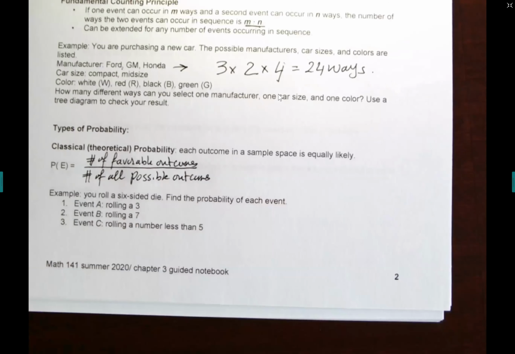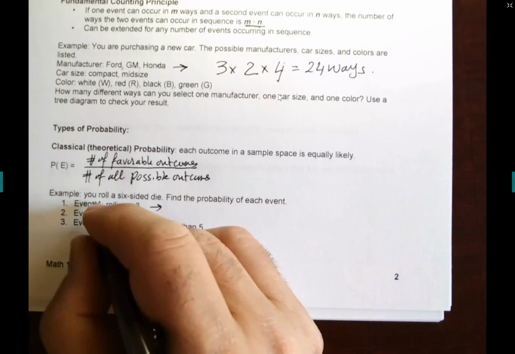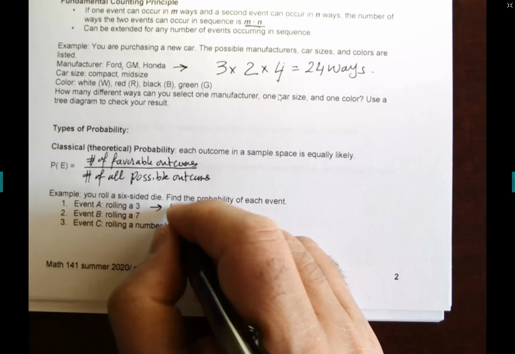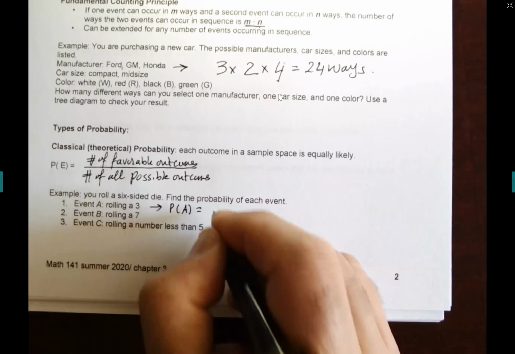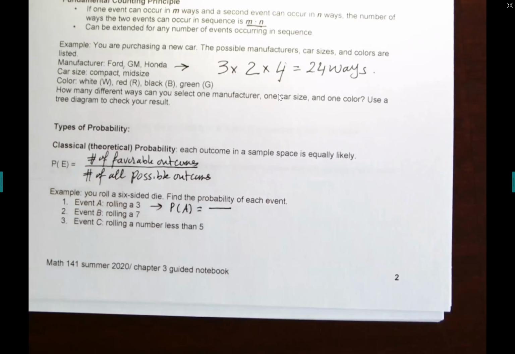Let's do an example and show you how to use this definition to find the probability. You roll a 6-sided die. What's the probability of rolling a 3? And this is called event A. So you can write it like this. Probability of A equals. Okay, guys. How many possible outcomes do I have when I roll a 6-sided die? Possible outcomes means what you cannot control. You don't know what's going to show face up. So we have 6 possible outcomes.